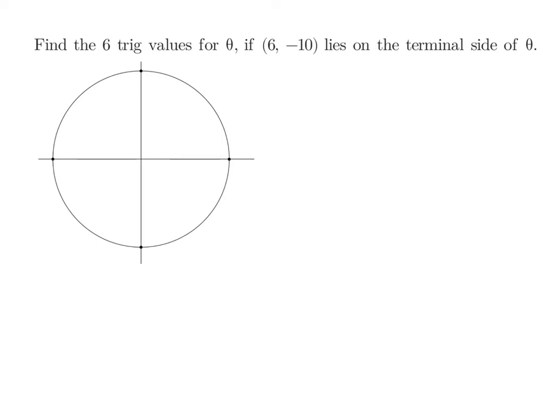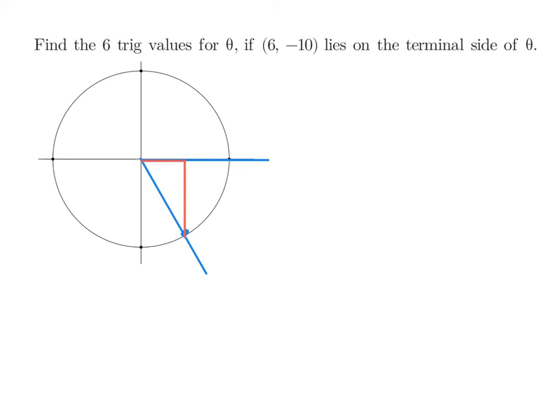So if we went over 6 and down 10, approximately over here. So we're going to draw that angle in. Next, we draw in our right triangle. So I'm going to draw a vertical line to the x-axis, and the x-axis being the base.